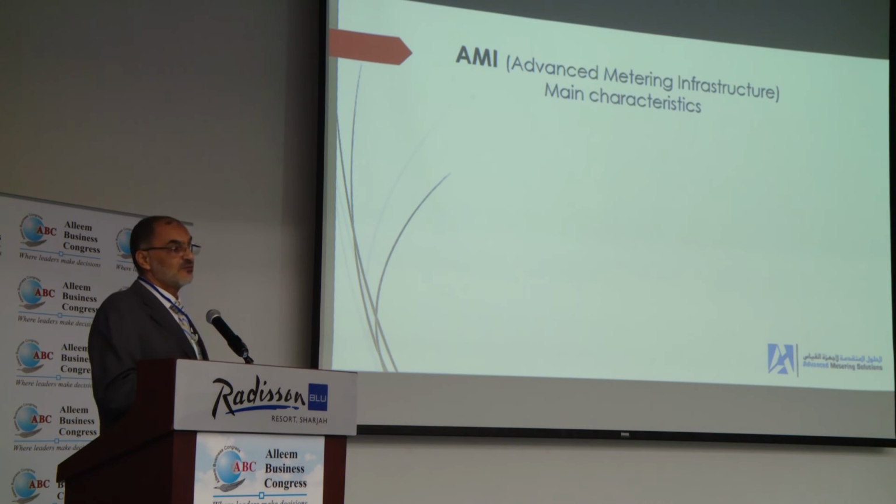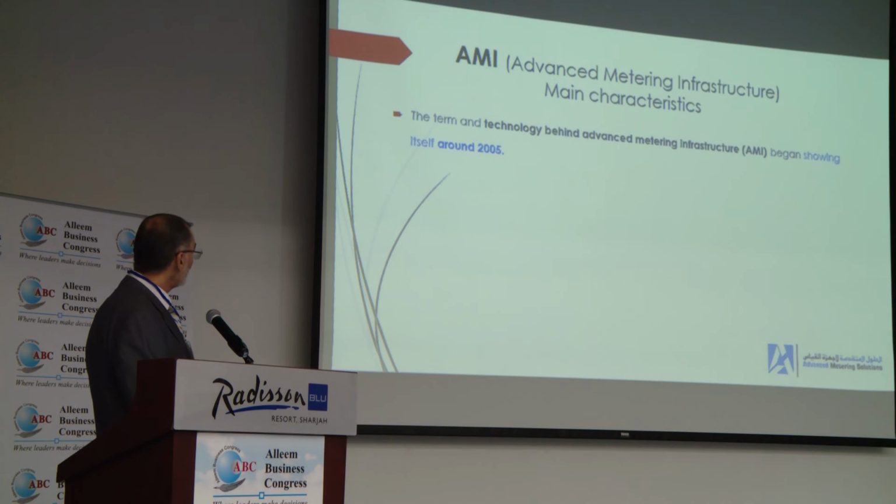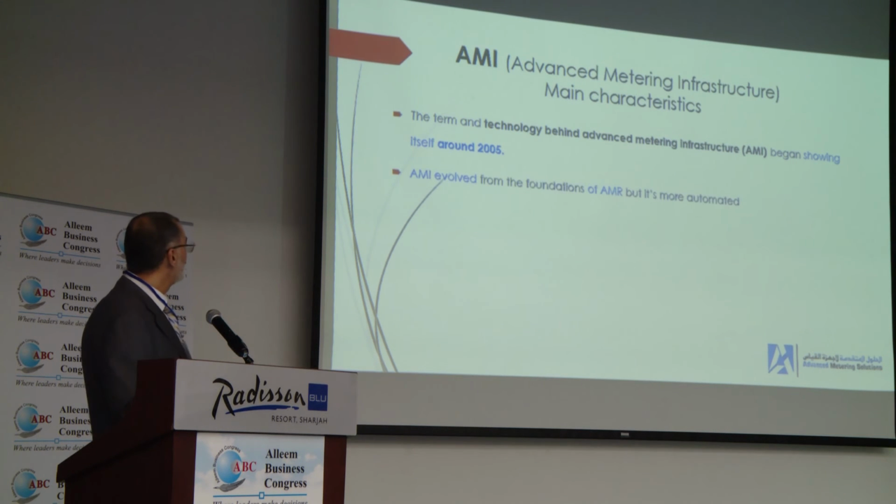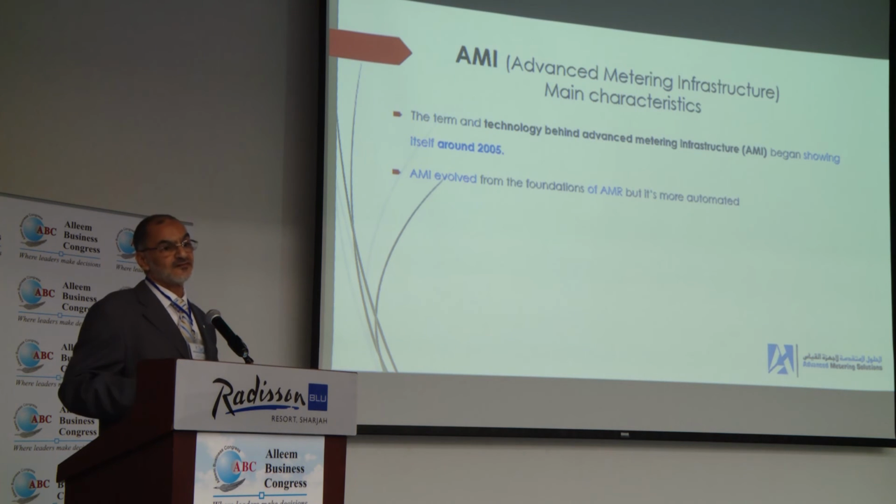If we move to talk about advanced metering infrastructure, this is something that began showing itself around year 2005. And it is very important to note that this evolved from the AMR.